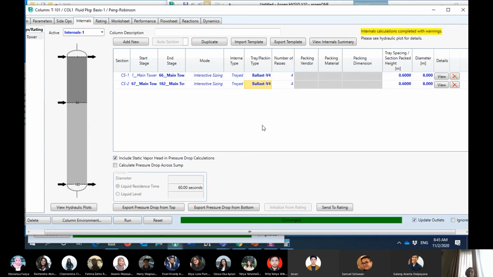So we will learn about how to change the tray type, for example, from the sieve tray to the valve tray, what is the influence? Probably next week we will do that one, as well as evaluate the performance of the column.